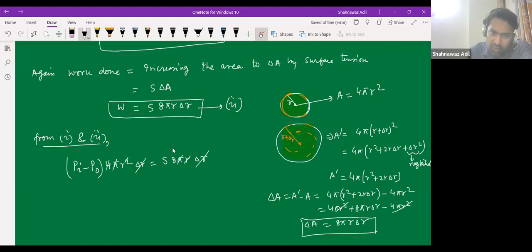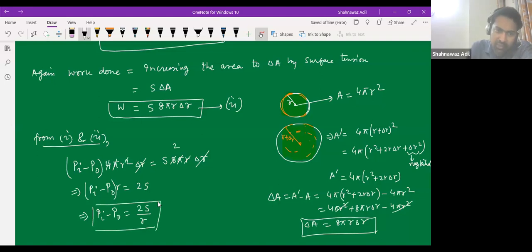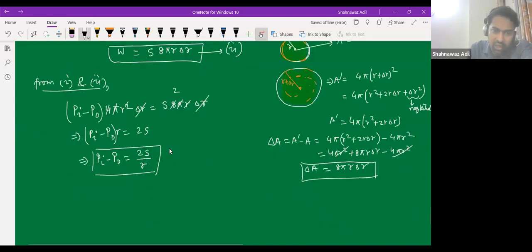This is 2, so we get Pi minus Po, this r here, and this is 2S. So Pi minus Po would be 2S by r. So that is the excess pressure related with the surface tension.